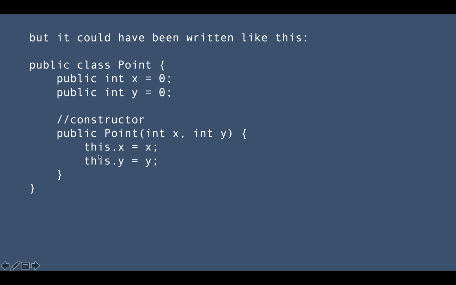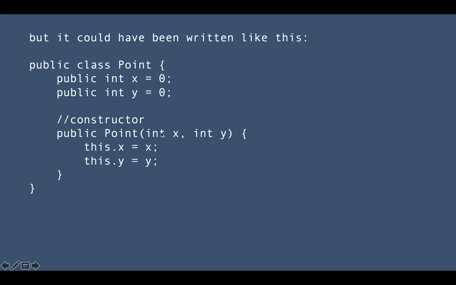So this dot x refers to the class level variable, right? And again, the idea goes back to this is how an object refers to itself. It's like saying mine or my or I, right? This point could say my x value is equal to x, where x is the parameter value. Okay, so I hope that makes sense.